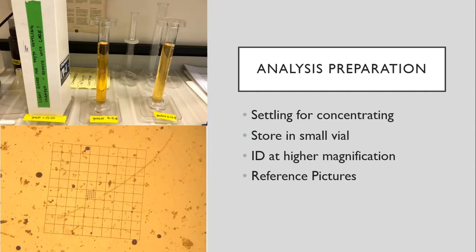So first we put it on a regular microscope slide, and ID, so we can get a closer look and an idea of what kind of species we're looking at in that sample.